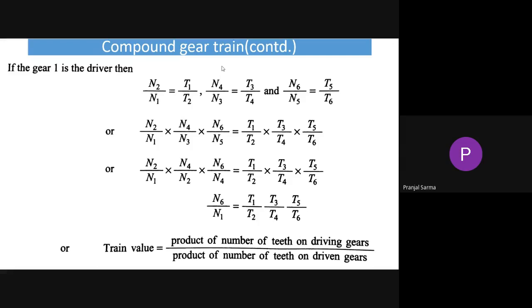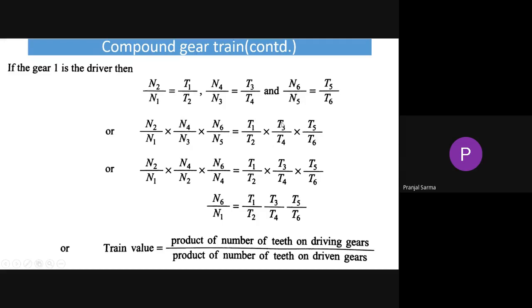And similarly, N6 by N5 equals T5 by T6. Just like in the previous case, if we multiply them, we end up with N6 by N1 equal to T1 by T2 into T3 by T4 into T5 by T6.